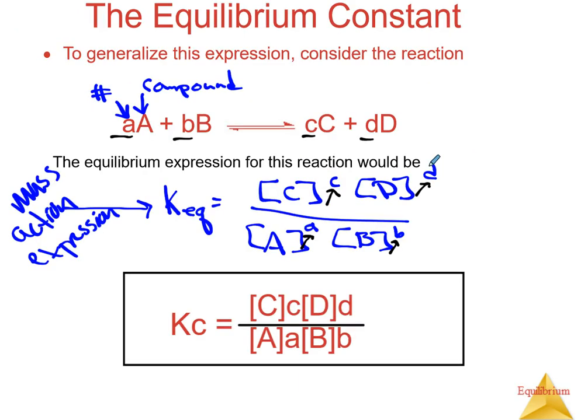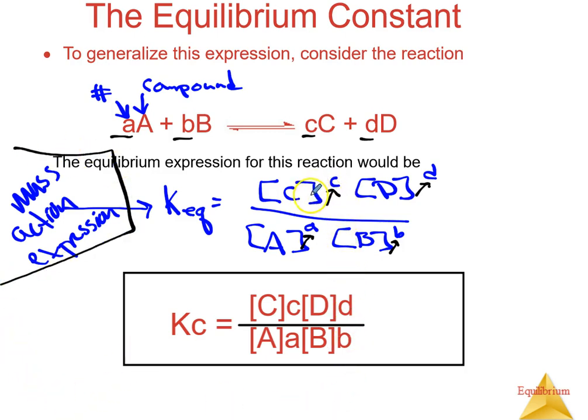To generalize this expression, consider the reaction aA plus bB goes to cC plus dD. Now that is confusing, but I've written it out. This number is your coefficient, and the letter is the identity of your compound. The equilibrium expression for this reaction would be KEQ. Another name for it is the mass action expression.